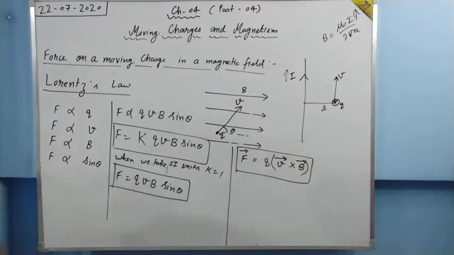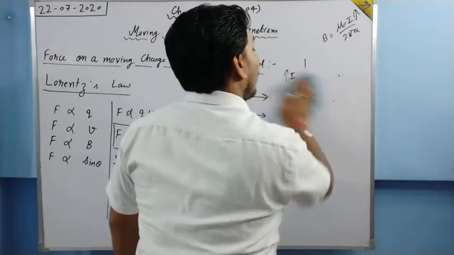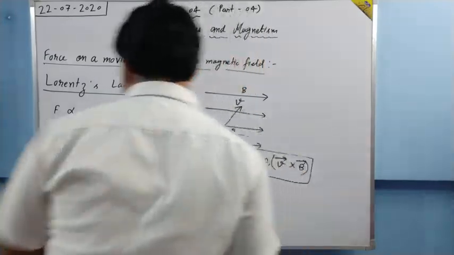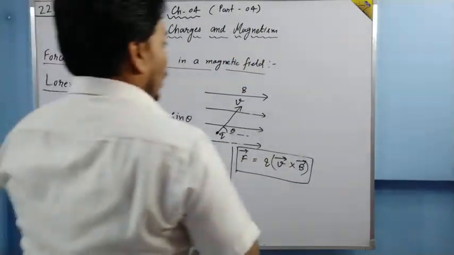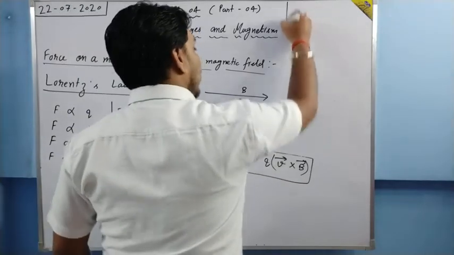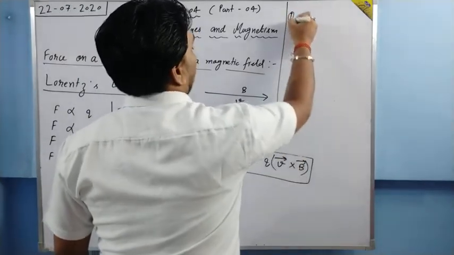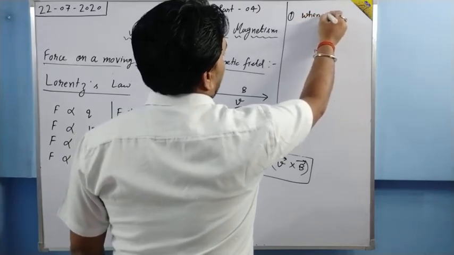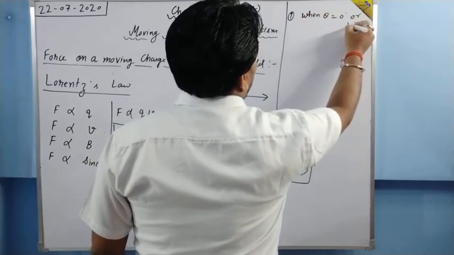Now from this expression we are going to have three cases. Actually two, not three. The first case is when theta is equal to 0 degree or 180 degree.